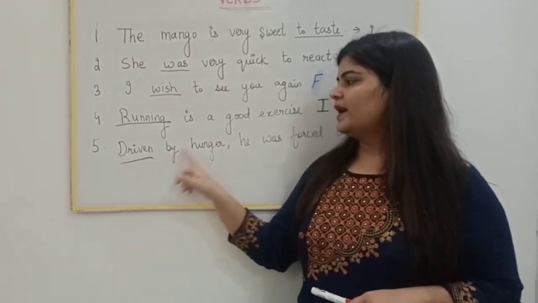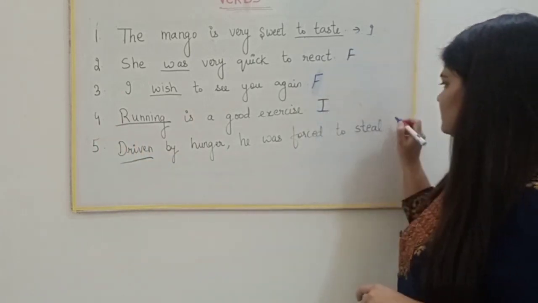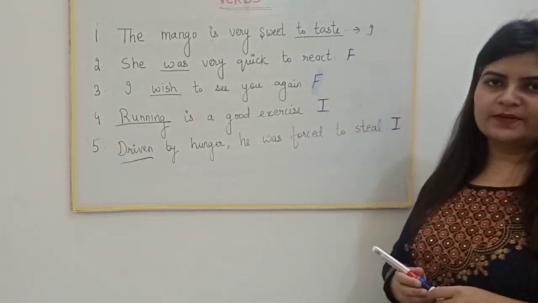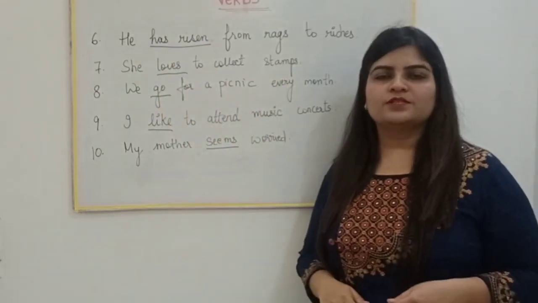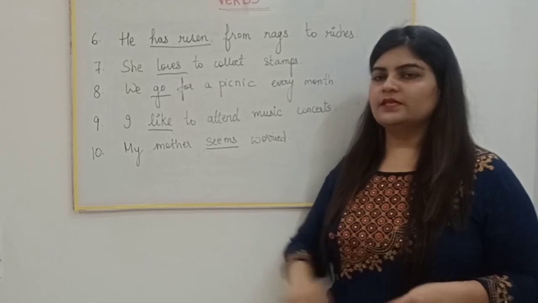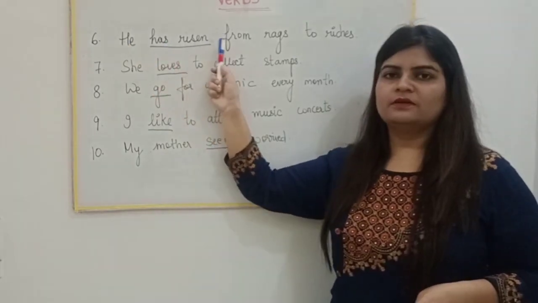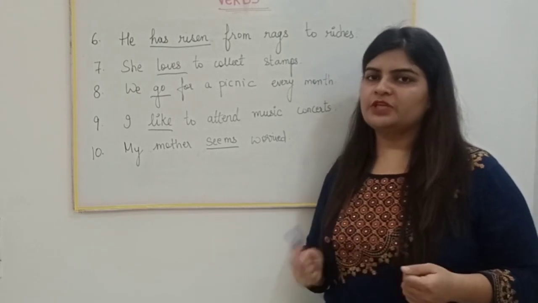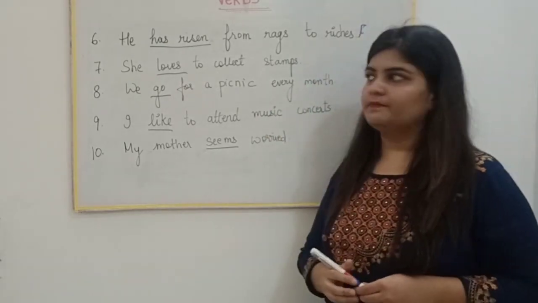So driven by hunger and there is no auxiliary verb. So it is an infinitive verb. The next sentence, he has risen from rags to riches. If I change the subject to they have risen. So the verb is changing. So this is a finite verb.